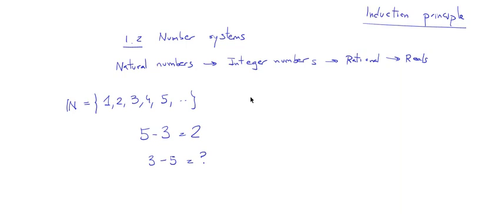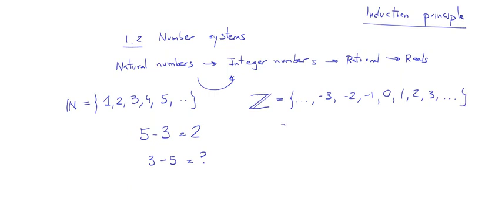So that's in fact why we have to create the integer numbers. The integer numbers are just the natural numbers plus the negative numbers. The integers are usually written like this with this set, and so they start with minus 3, minus 2, minus 1, 0, and then 1, 2, 3.